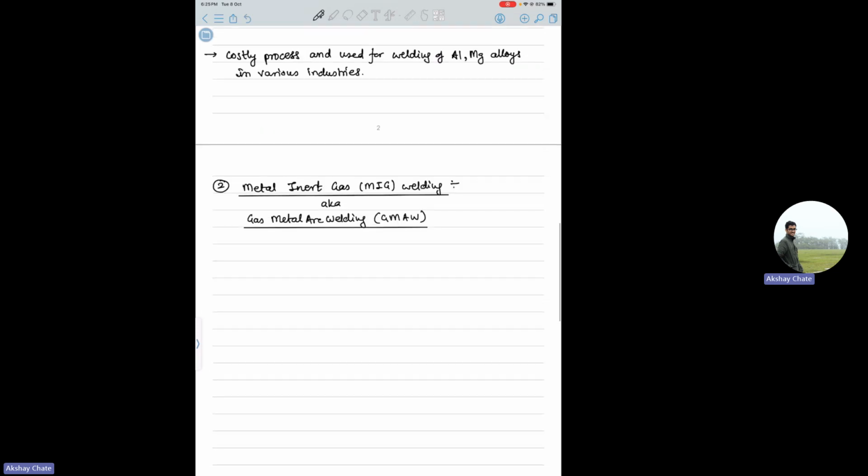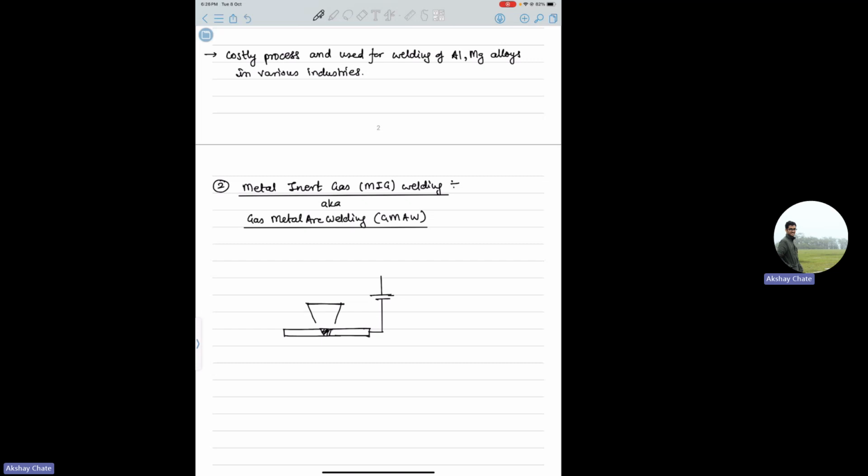Okay, so here there is a slight difference in the operating principle. So you'll have a workpiece, something like this, which is to be welded, and this will be your weld pool, and then you'll have a particular power source like this maybe. Okay, and this inert gas shield is also there, it doesn't change.